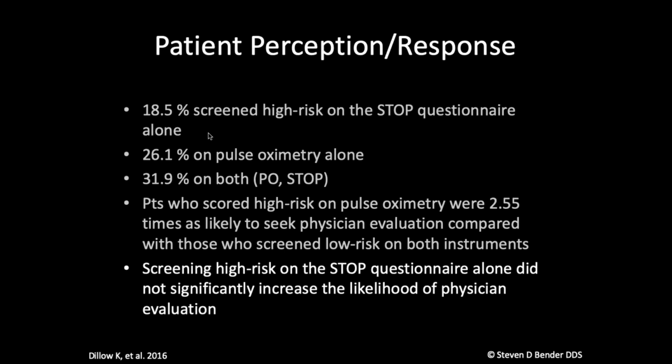So the bottom line is patients that scored high risk on pulse oximetry were twice as likely to seek a physician evaluation than those that screened positive on just the STOP questionnaire alone. And in fact, the screening on that really didn't significantly increase their likelihood of getting an evaluation.